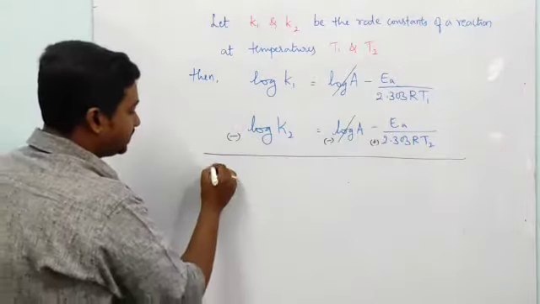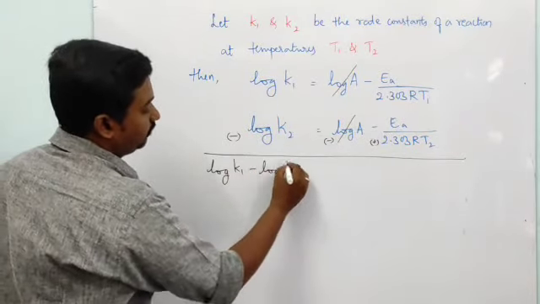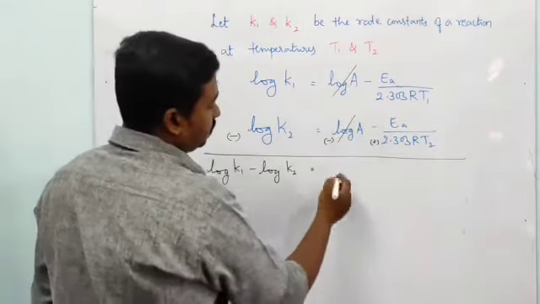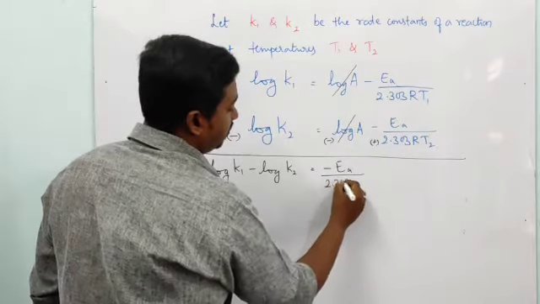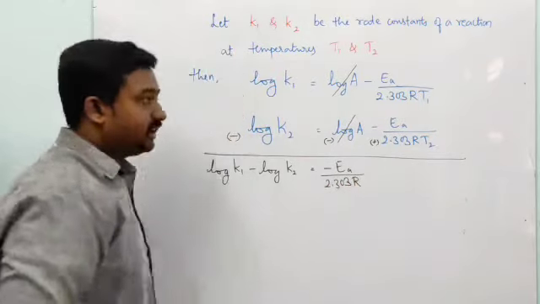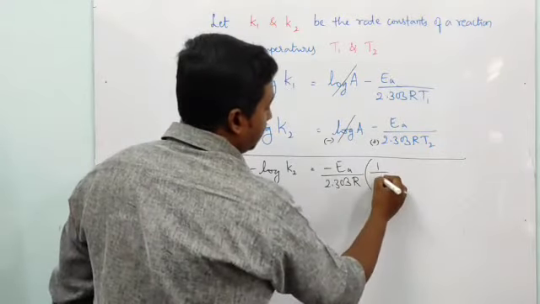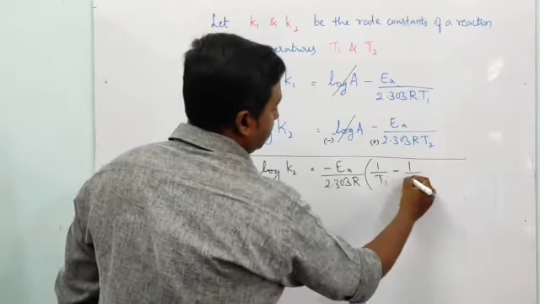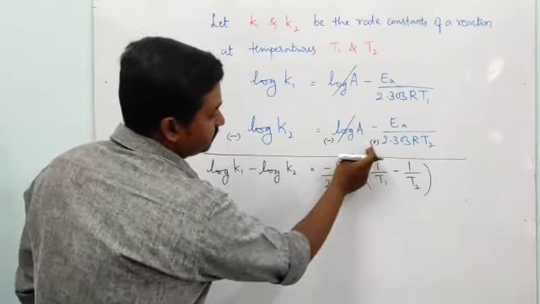Then on LHS I will have log of k1 minus log of k2, which is equal to, log A has gone, minus Ea by 2.303 R, if I take this as common factor, I will have 1 by T1 minus 1 by T2. This minus into minus becomes plus.